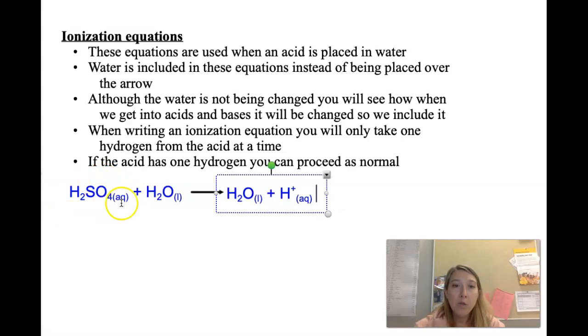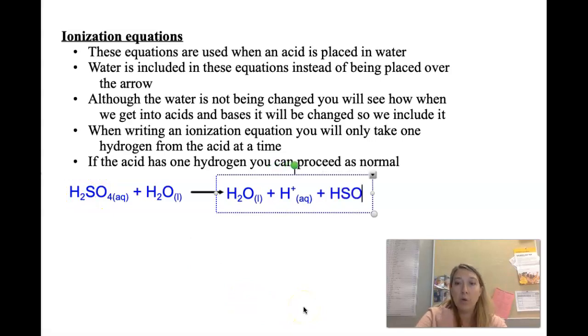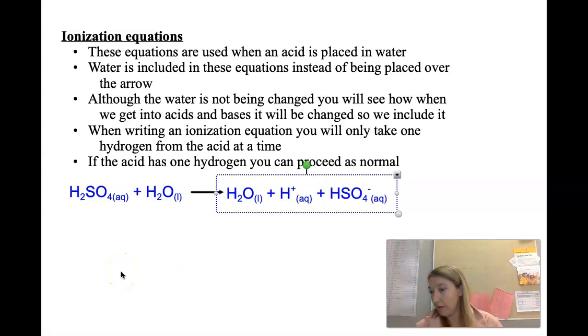If I had sulfuric acid, H2SO4, and I just took one H away, there is still one H left. So I'm going to have plus HSO4 minus, and it gets a one minus charge because I took one hydrogen away. If you look in your red data booklet, you're going to find that these are also in there.